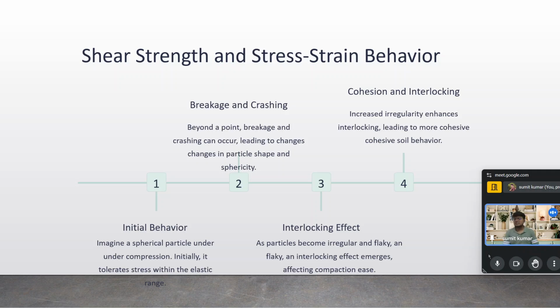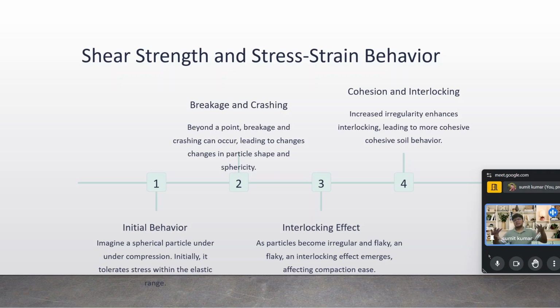So starting with the initial behavior, whenever we are talking about the behavior, we need to understand that we talk first of all about the behavior which it shows at its initiation. So in initial behavior, imagine a spherical particle under compression. Initially it tolerates stress within the elastic range, and when we reach the second stage, the breakage and crushing takes place.